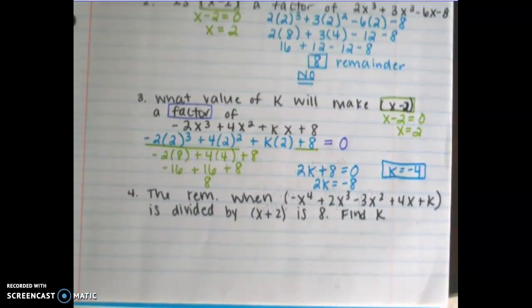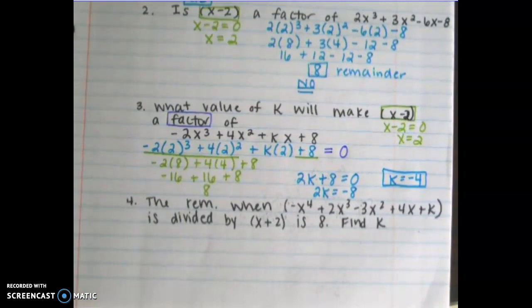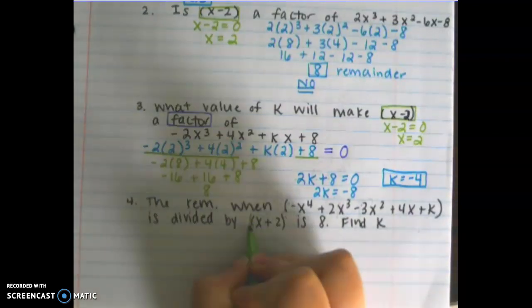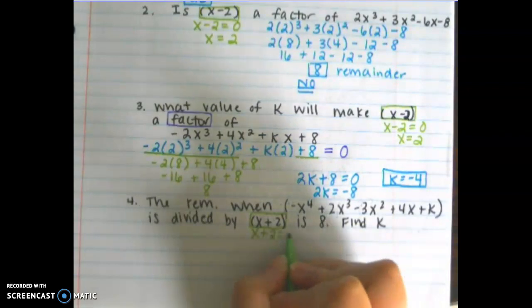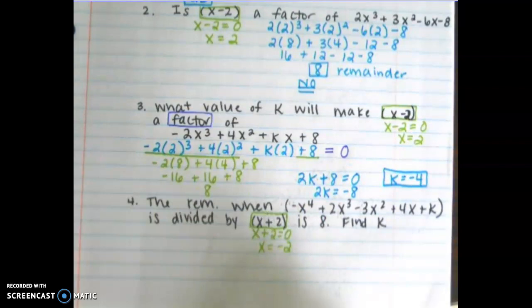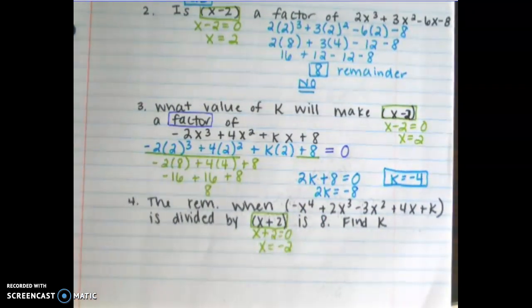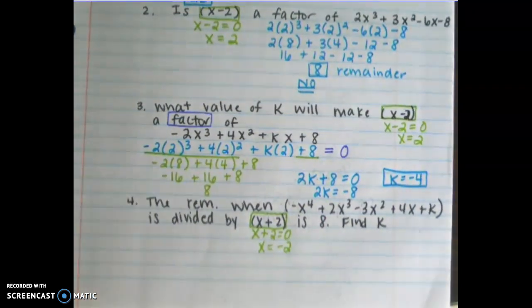All right, last example. The remainder when that polynomial is divided by x plus 2 is 8. Find k. Again, I'm starting with the factor piece. In order for this to equal 0, x should be negative 2. So I'm going to plug negative 2 in for all of my x's.